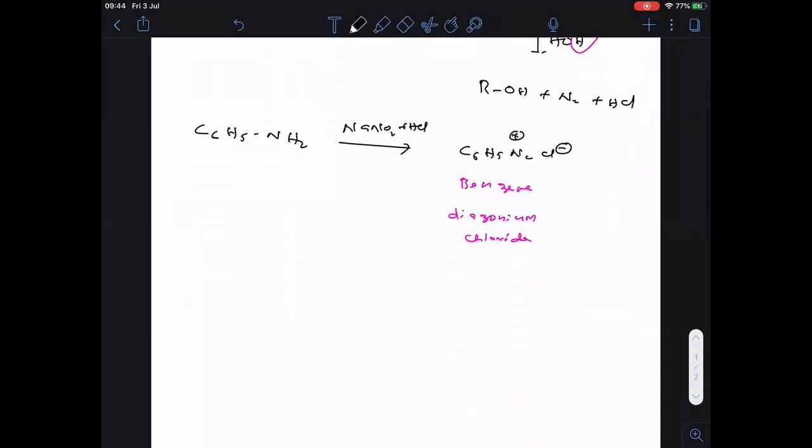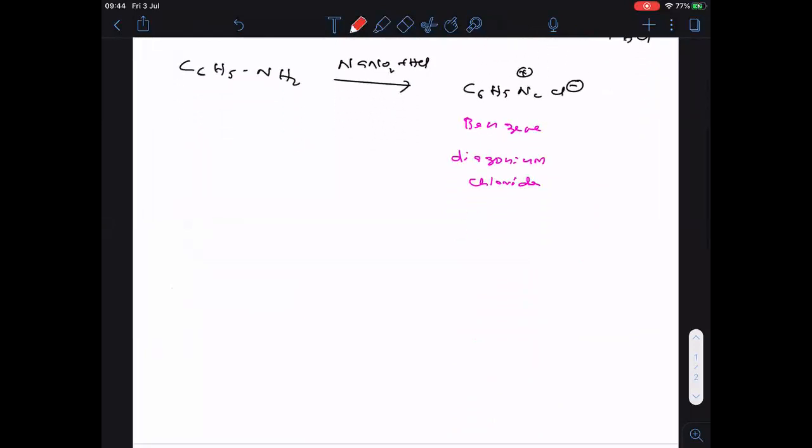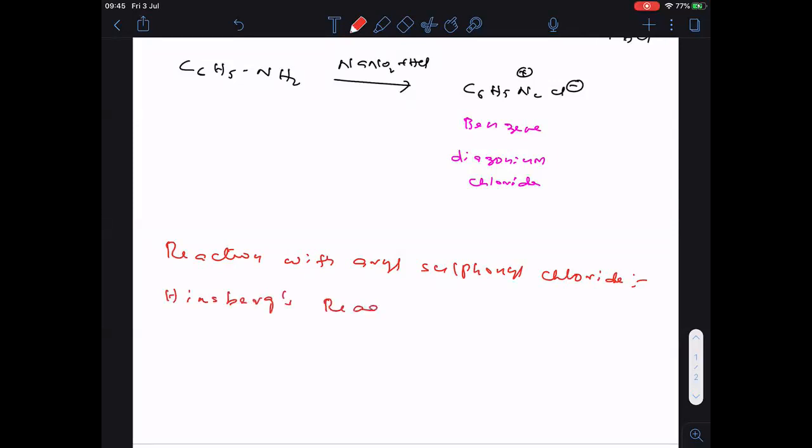Clear everyone? Right. Let us enter into the next chemical property then. So the next chemical property is reaction with aryl sulfonyl chloride. Okay. This is called Hinsberg's reagent.